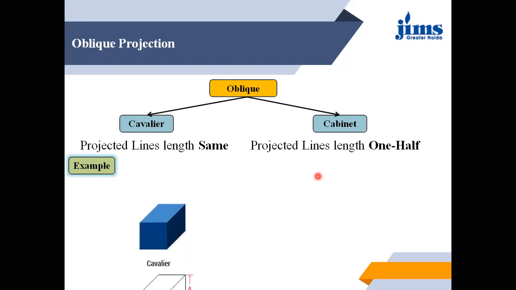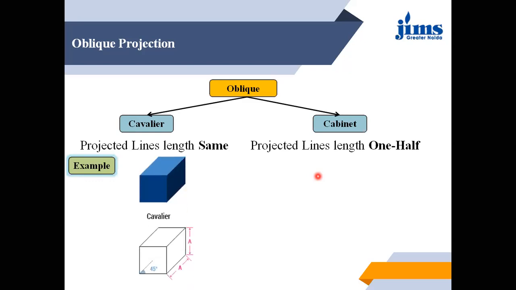So we can see this by an example. In Cavalier projection, whatever this length is, we get the image of this object with the same length as it is.